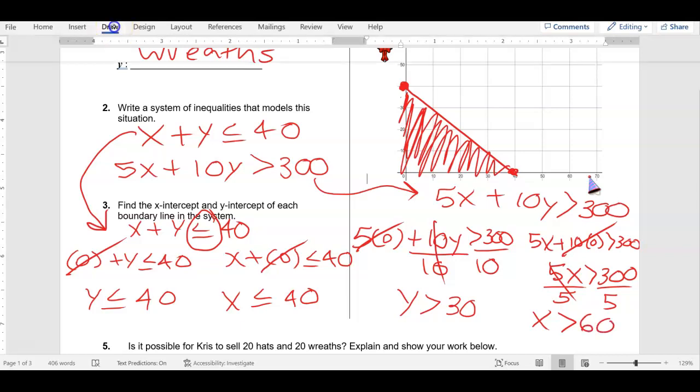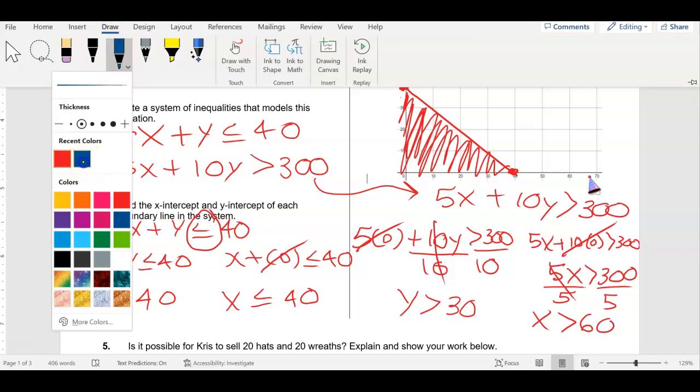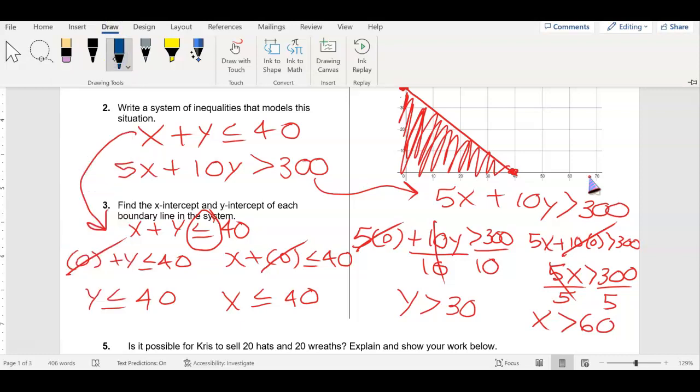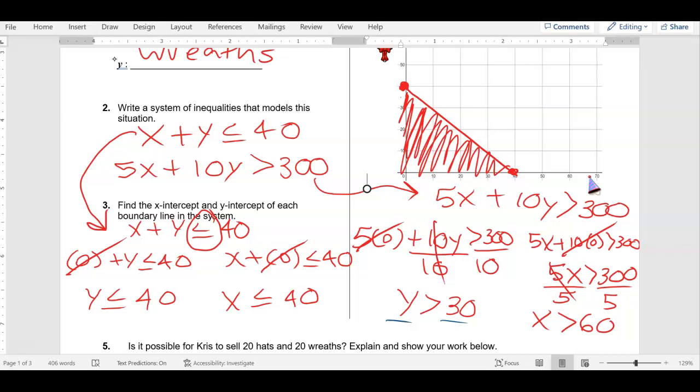Now, with your other color, we're going to put 30 at y, and then 60 for x. Got this down? So again, plug in 0 for x to get the y, plug in 0 for y to get the x.